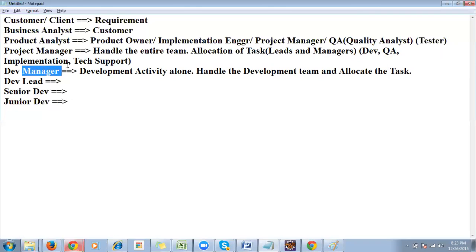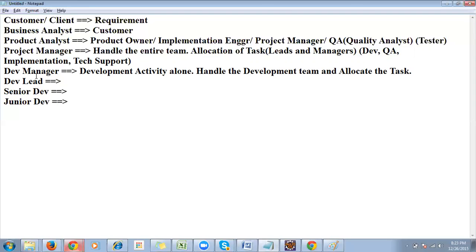The manager will allocate the task. Then the development lead will have one more person to help him, because allocation of tasks alone is not the whole job. For example, when we get a requirement, they have to analyze it and check how this requirement can be implemented at the software level.